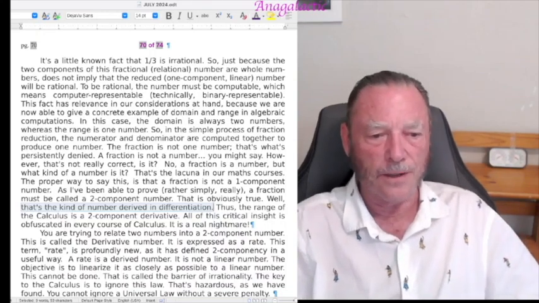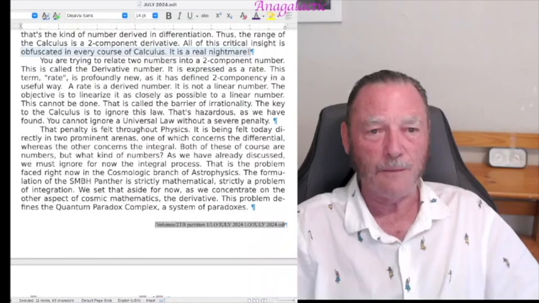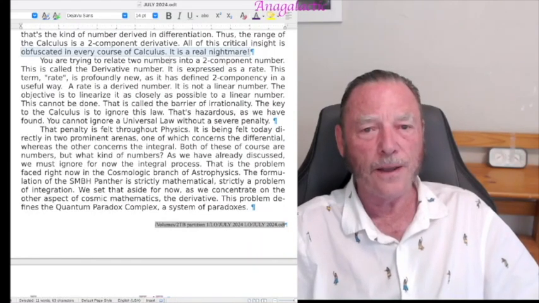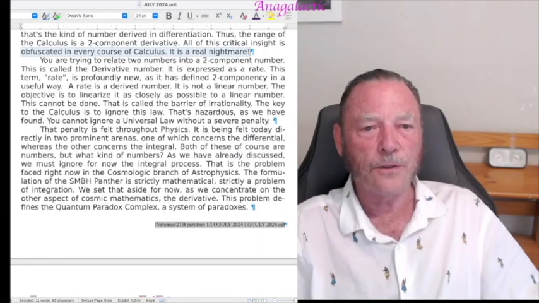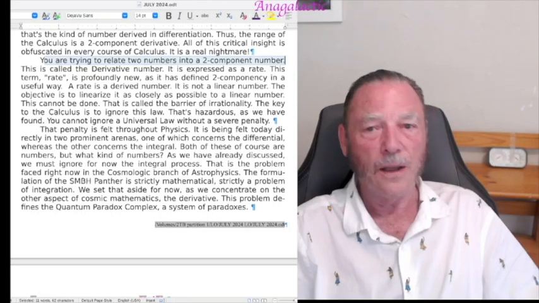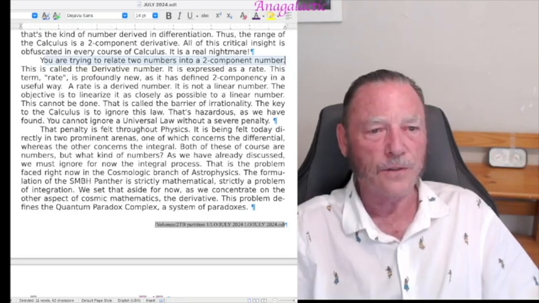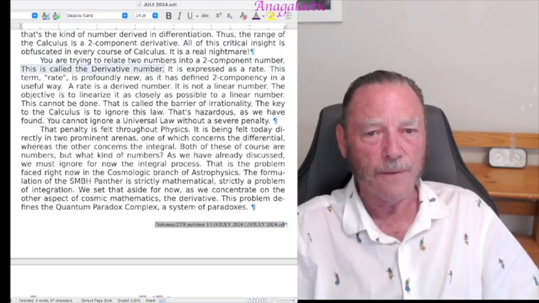All of this critical insight is obfuscated in every course in calculus. That's what makes it a nightmare. Well, that's the first step in the nightmare. You are trying to relate two numbers into a two-component number. Two linear numbers into a two-component, a different data type. This is called the derivative number. It's a different data type.